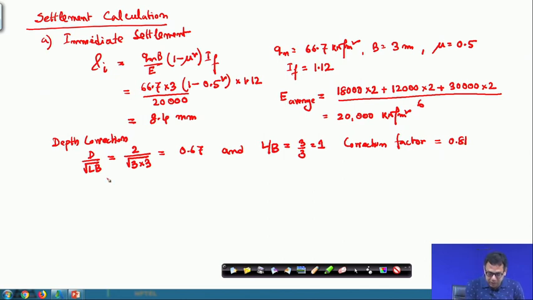Okay. So, now the corrected immediate settlement will be 8.4 into 0.81, that is equal to 6.8 millimeter. So, corrected immediate settlement is 6.8 millimeter.